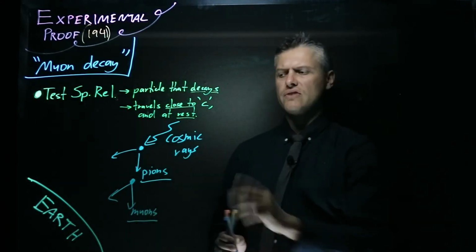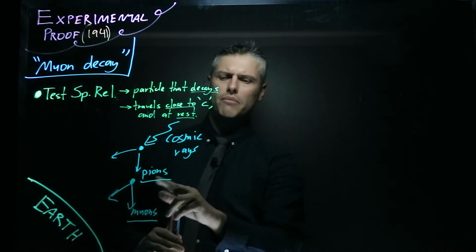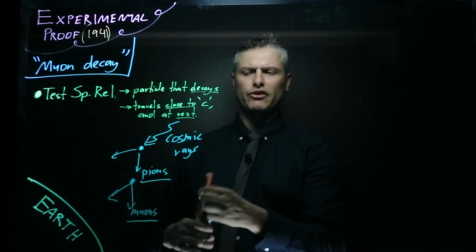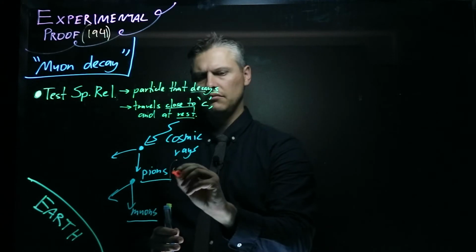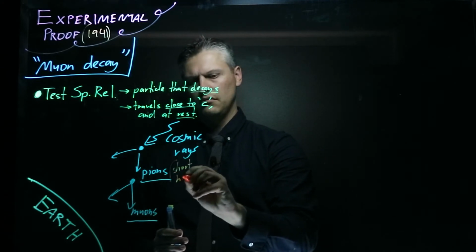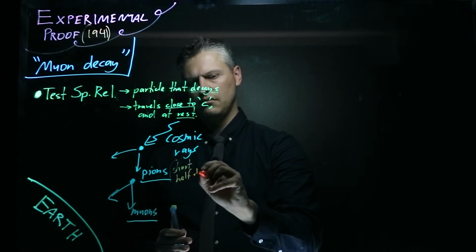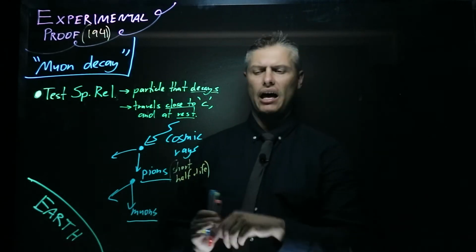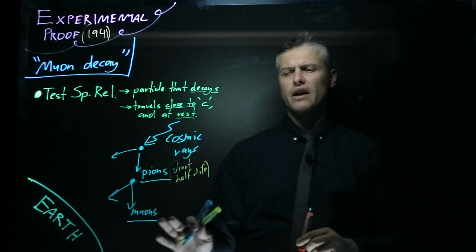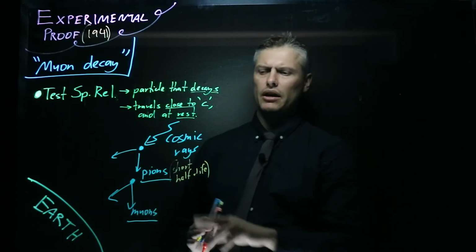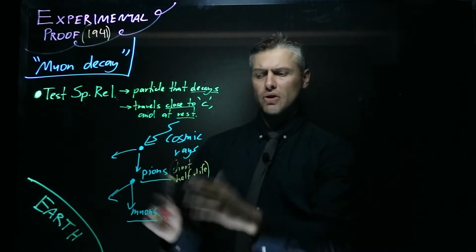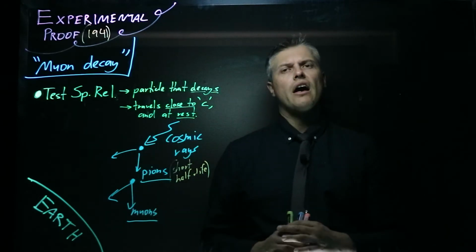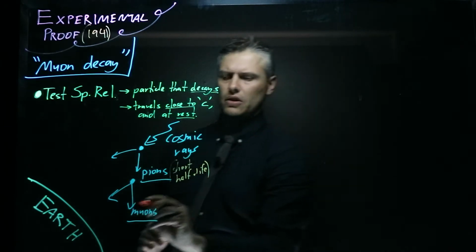And some of these muons actually make it to the surface of the Earth. Pions are so unstable that they have a very short half-life. Muons are still unstable but have a much longer half-life than pions do. And so because of that logic, these scientists decided to study muons.